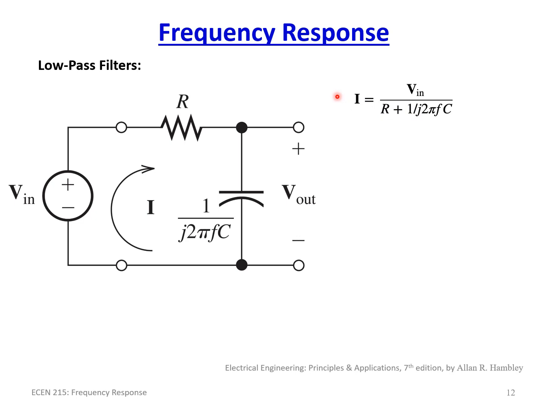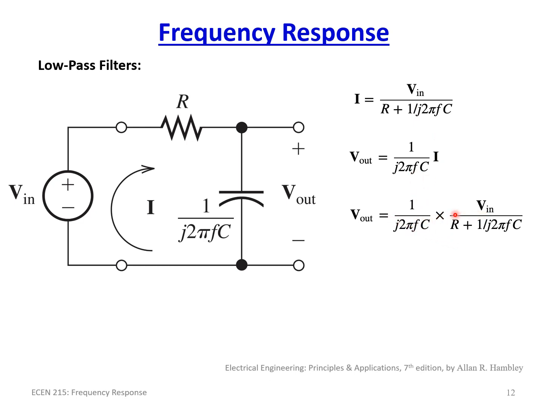So this times the current equals V in. So that gives us our current I. V out is just I times this component. So we have V out is I times 1 over j omega c, or 2 pi f. So putting this equation and this equation together, we end up with this.